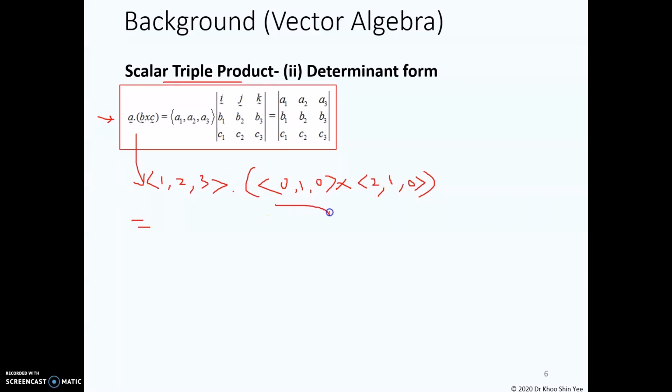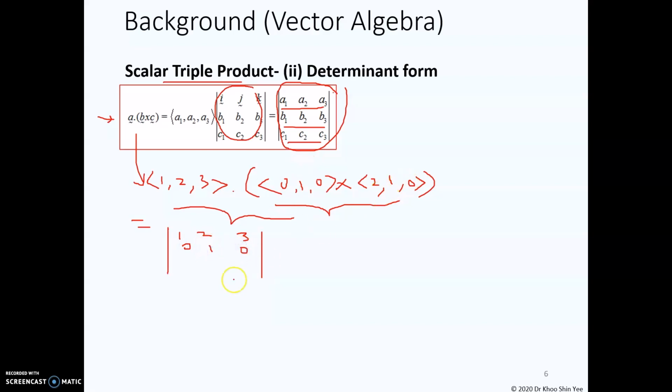You can perform the cross product first by using this equation, and then only perform the dot product. Or you can do it in one step by taking the determinant for vector A, B, and C. For example, we have vector A to be 1, 2, 3, vector B to be 0, 1, 0, vector C to be 2, 1, 0.